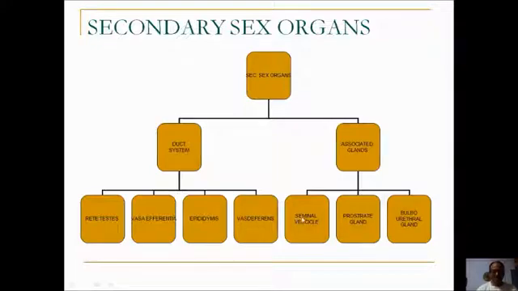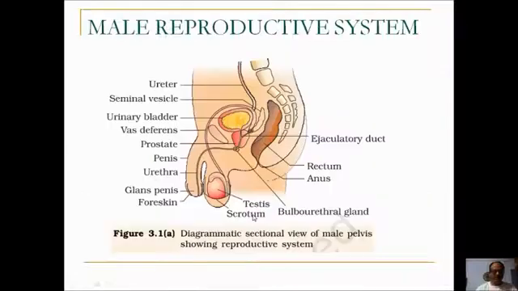With these ducts, there is an association of glands. The important glands are the seminal vesicle, prostate gland, and the bulbourethral gland. If you see the diagram of the male reproductive system, you could easily understand how the organs are situated in the system.